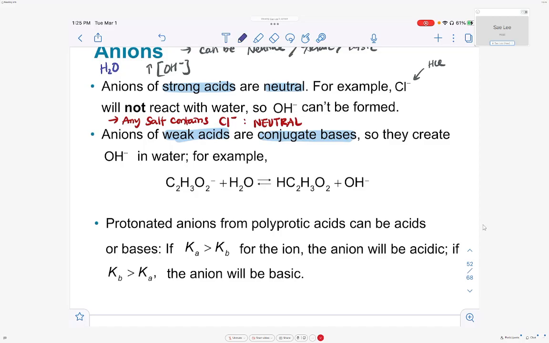So therefore, any salt that contains this acetate anion, anions of weak acids, is going to be weakly basic.